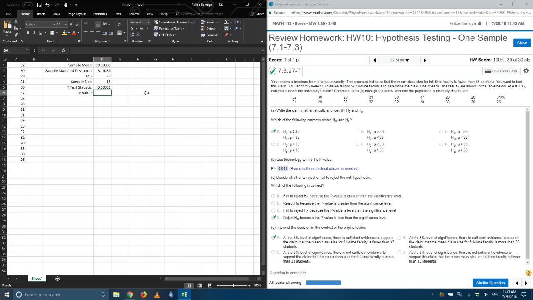Now to get the p-value, that's going to depend on what the test actually is. So I'll do all three, so you can see all three, because we got three different scenarios depending on what your alternative hypothesis says. So if your test is, for example, like this one, a left-tailed, we want the left-tailed probability.